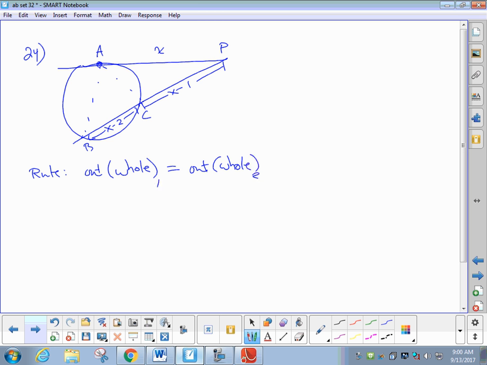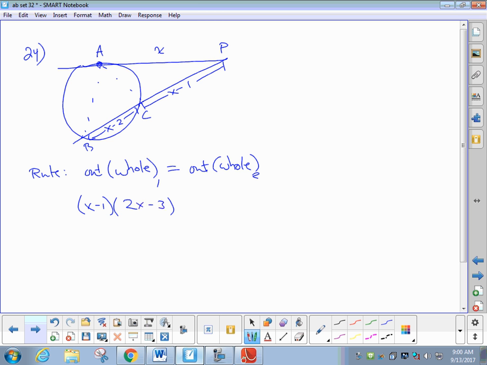Now, this is what I mean then. For this guy, the outside is the segment outside, which is x minus 1. The whole is the sum of the whole segment, which is x minus 2 minus 1, plus x minus 1, which is 2x minus 3.